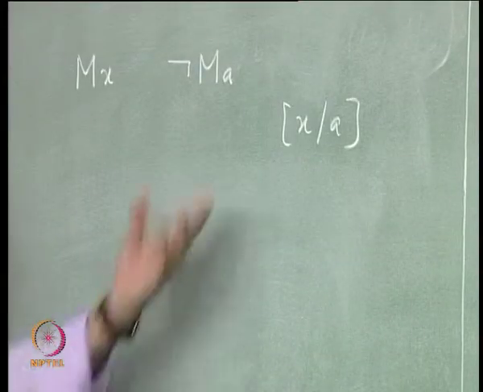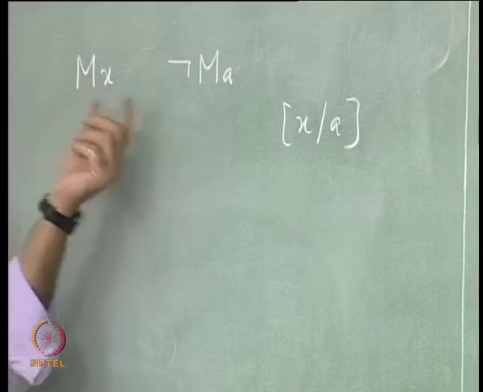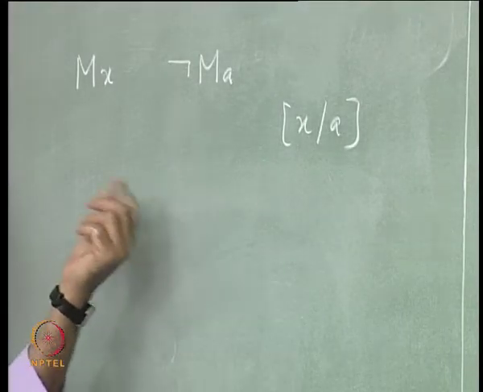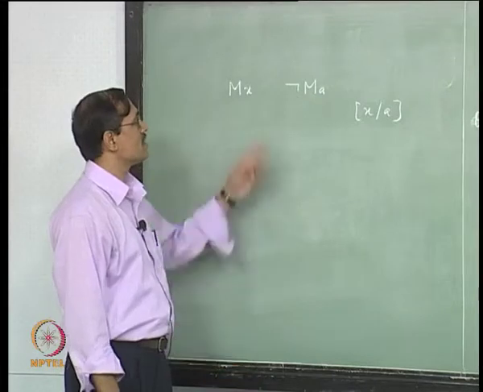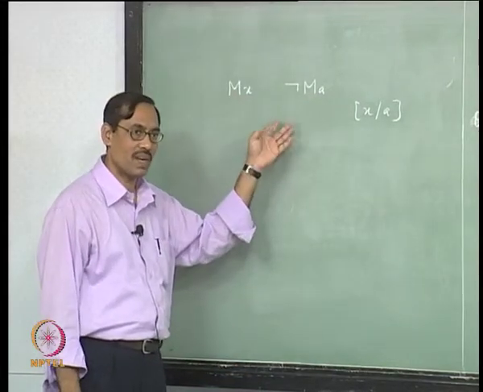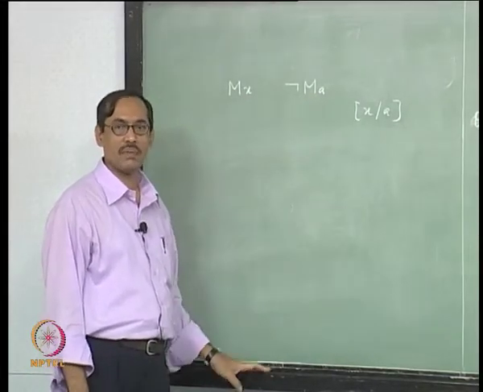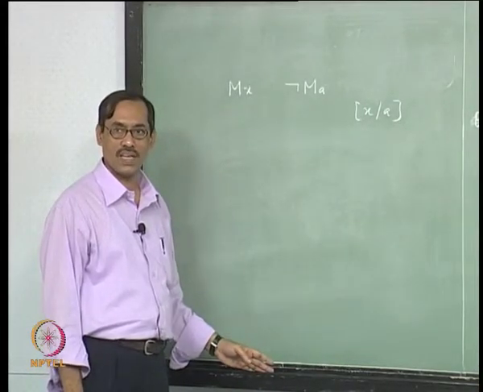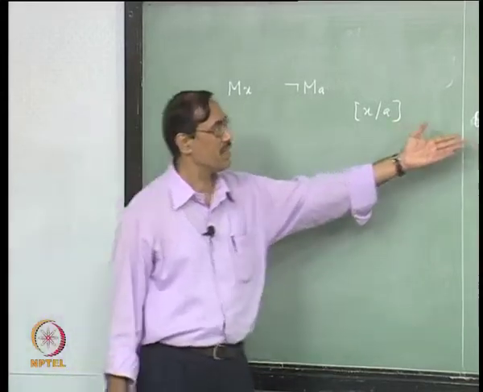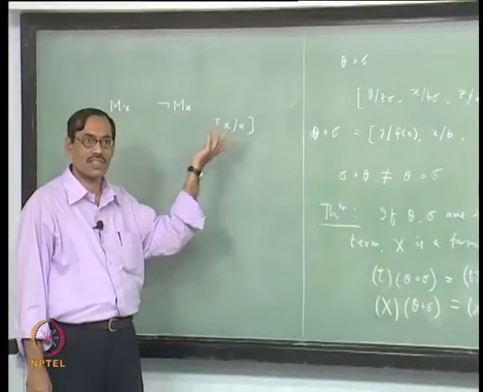Once this substitution is applied, this becomes M a, this remains as not M a, and they resolve. Now the thing is, they may not be that simple as one variable and one constant. There can be many terms, many variables also. So a general substitution might be required to be applied. Now how to get such a substitution?